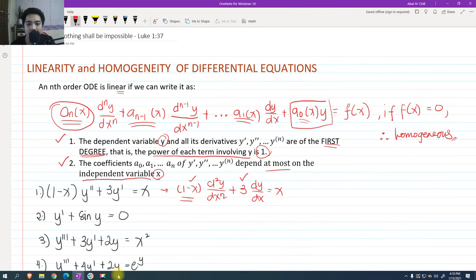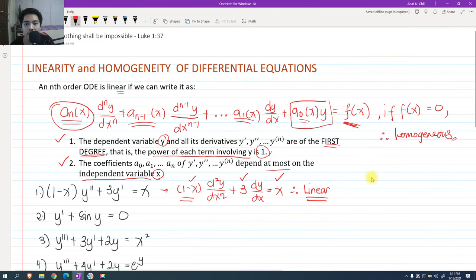And of course, that is equal to x. That is purely in terms of a function f of x. So that is again another check. So therefore, the answer to this is that this is a linear differential equation.